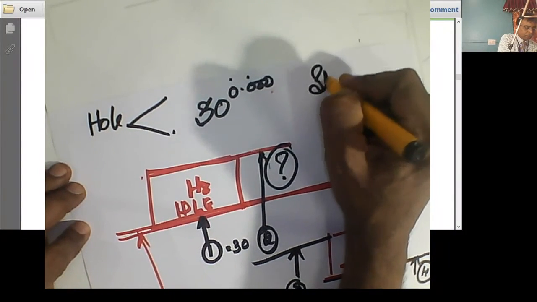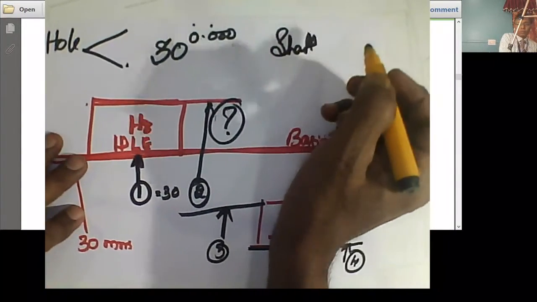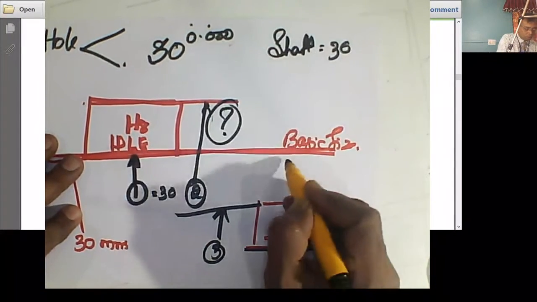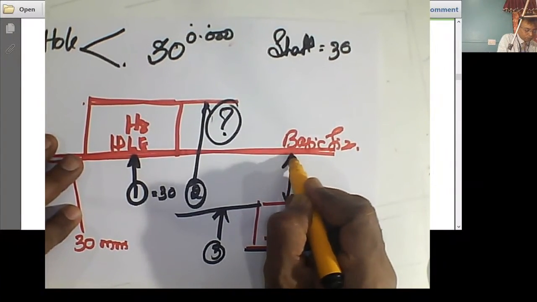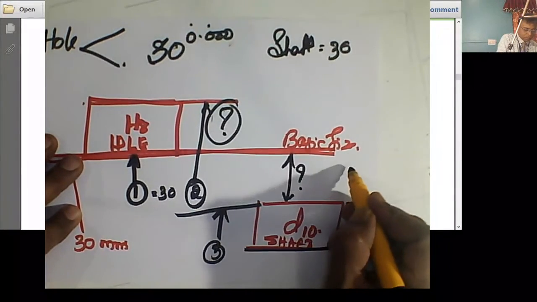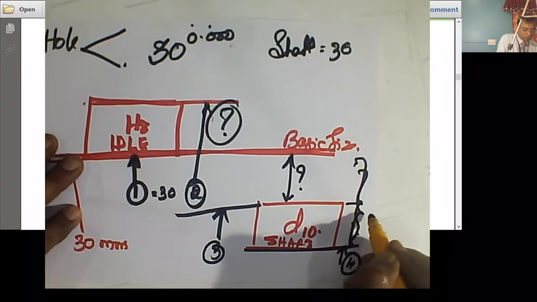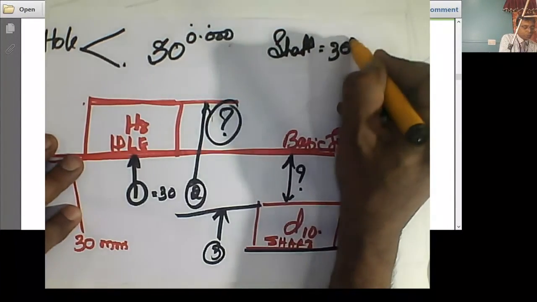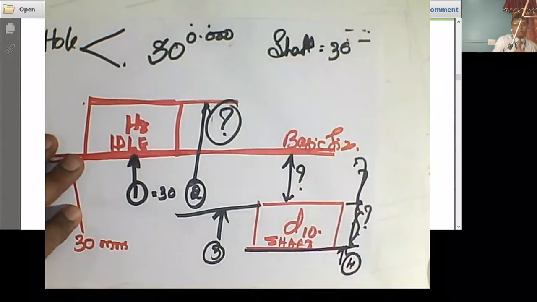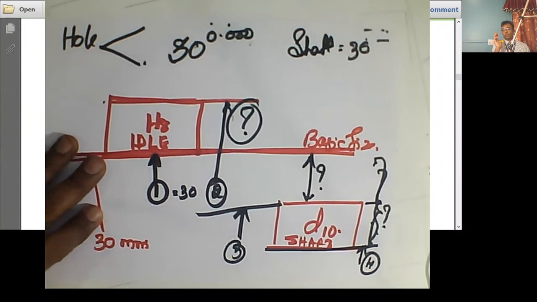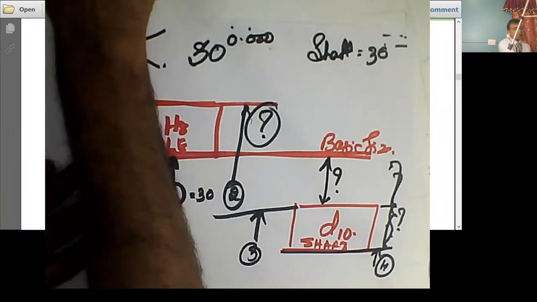Next, the shaft, that is equal to 30. One is this value. Another is this plus this. How much is this? If you enter these 2 values, you will get some values here. These are the things that we need to find out. 2 values for the shaft, 2 values for the hole. Now let us analyze what is given.